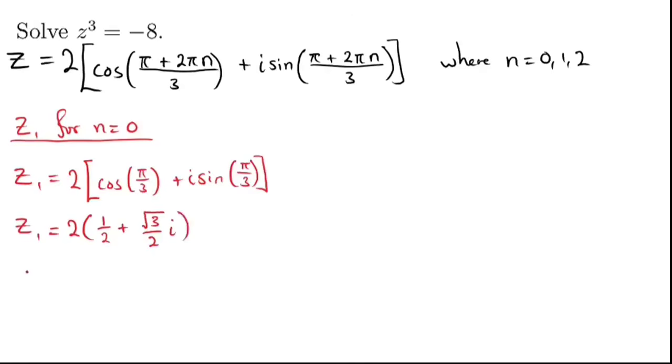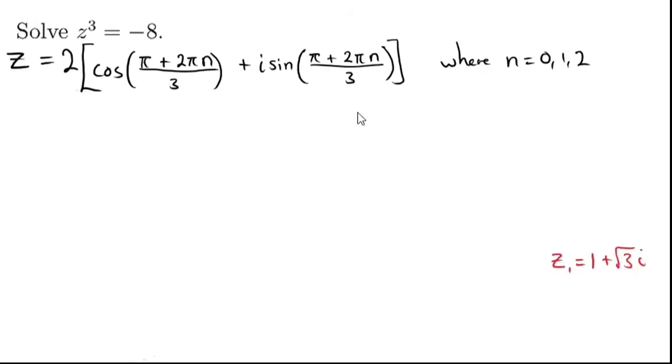So if 2 multiplies what we have here, then z1 is equal to 2 times half, which is 1, then 2 times root 3 over 2, which is simply root 3. So root 3 I. So the first solution will be 1 plus root 3 I. Okay, so let's move on.